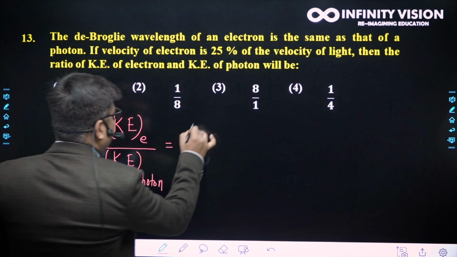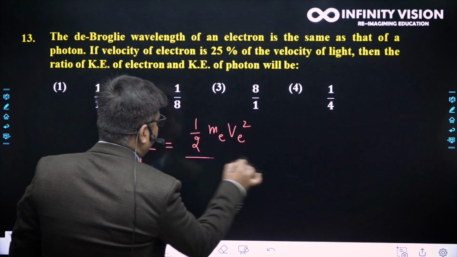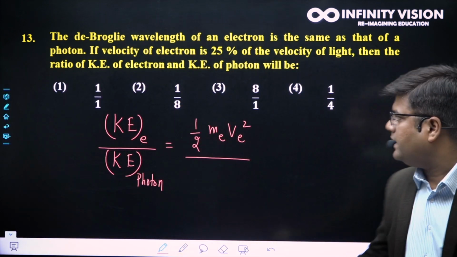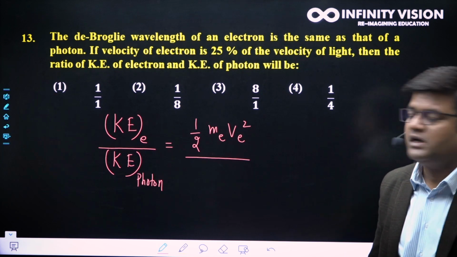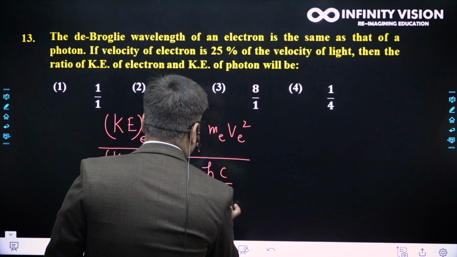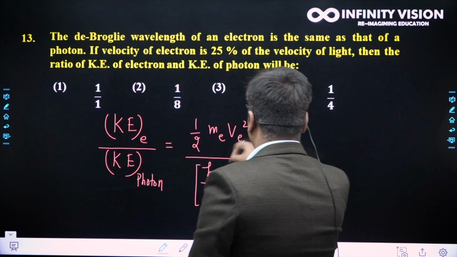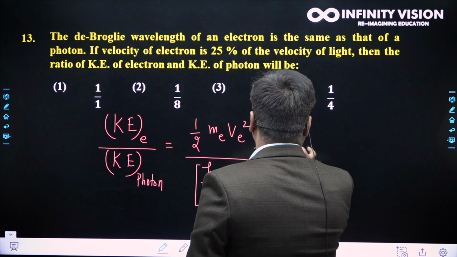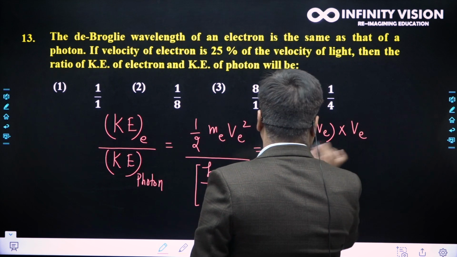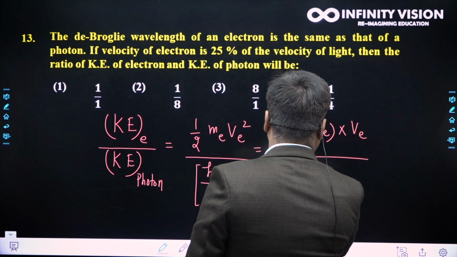So kinetic energy of electron we can write as half mass of electron into velocity of electron square. Now kinetic energy of photon we cannot write in this form, because a photon has no rest mass. So kinetic energy of photon will be written as hc by lambda photon. Now just simplifying this, half me ve into v, and here will be hc by lambda photon.